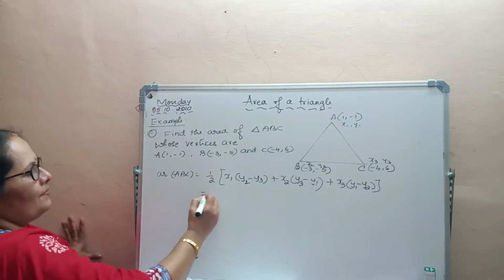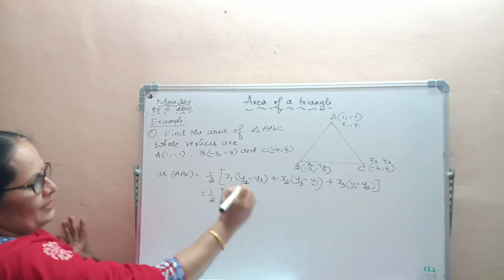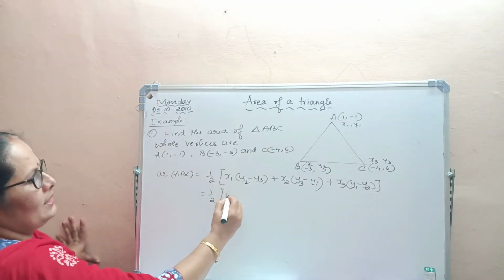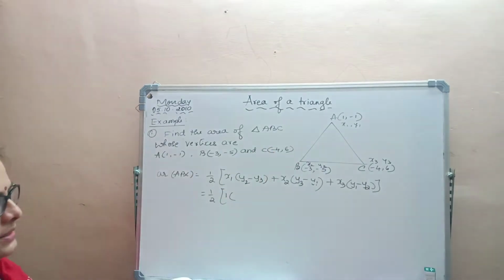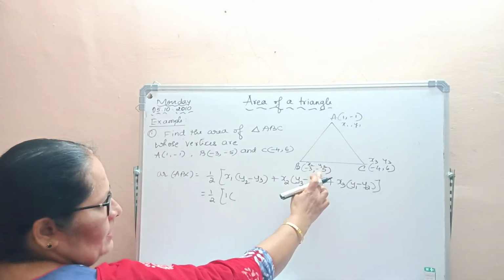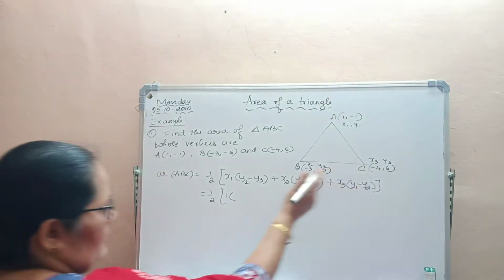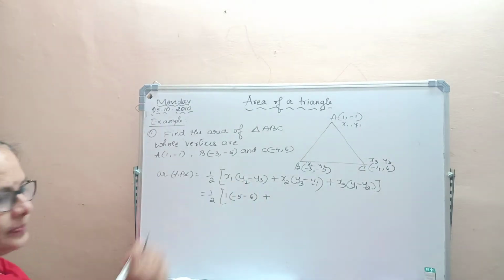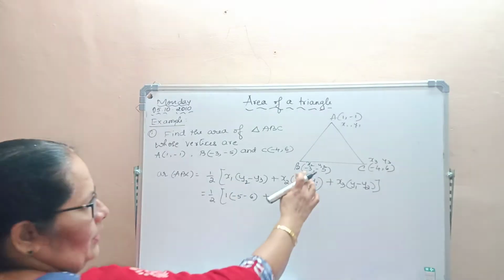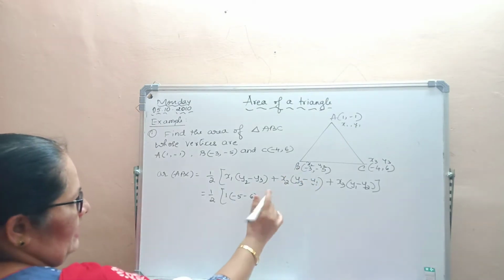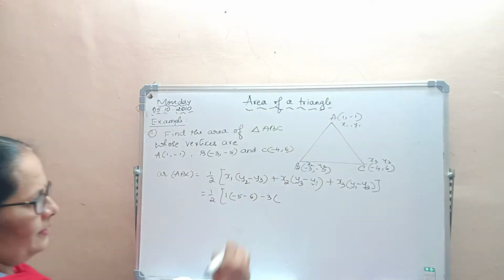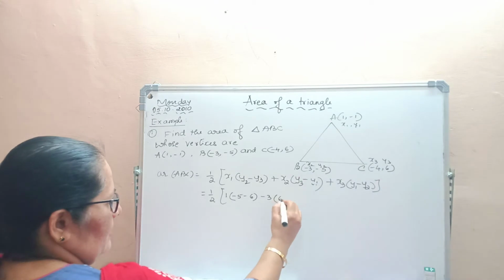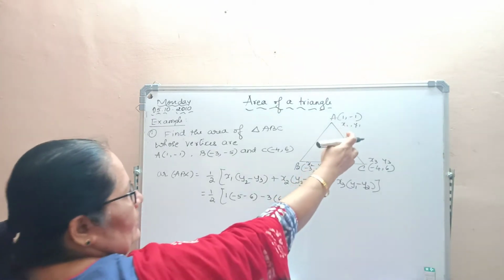So the area is half into x1, which is 1, into y2 minus y3. y2 is -5, y3 is 6, so -5 -6. Then x2 is -3, then y3, which is 6, minus y1, which is -1.